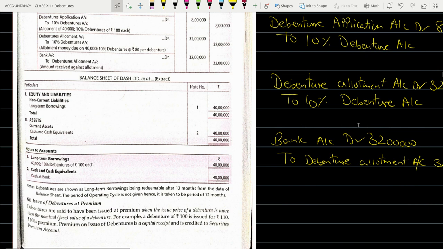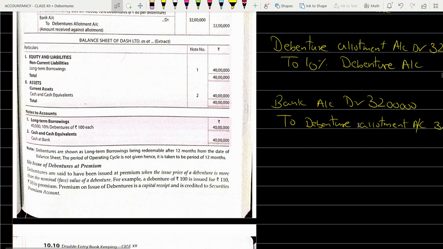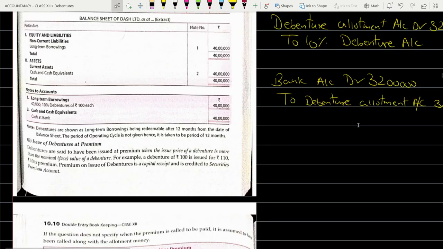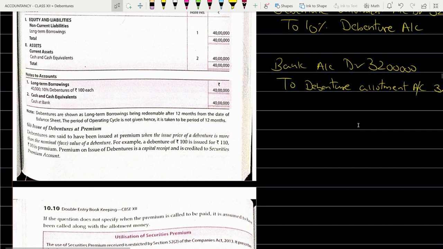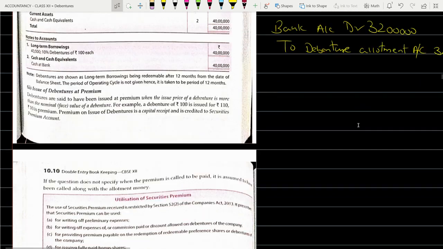Now, let's move on to the next one: issuing the debentures at a premium. Like how shares have been issued at par and at premium, here also we are going to issue debentures at a premium. Debentures are said to have been issued at a premium when the issue price of the debenture is more than the nominal value, called the face value of the debenture.